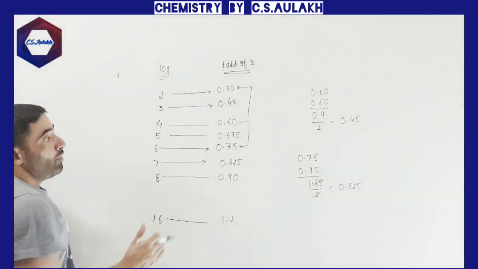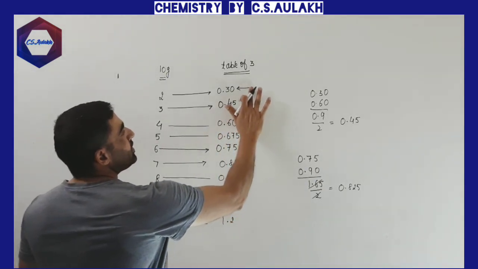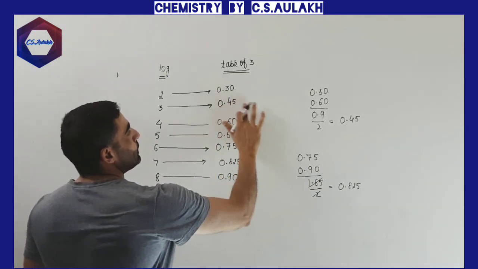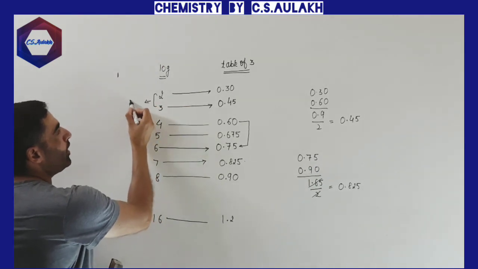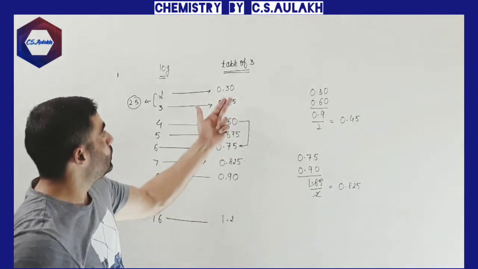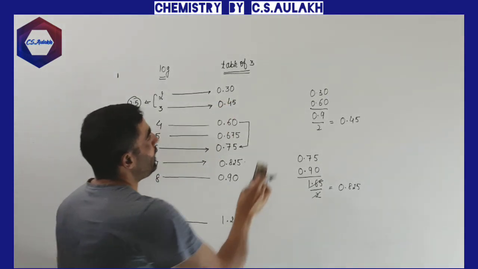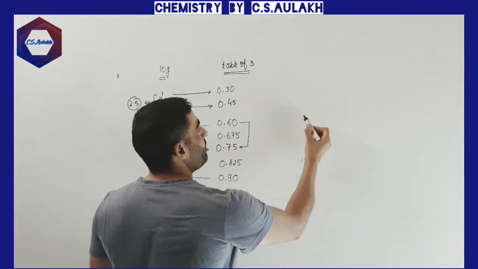Similarly, we can determine the values of the logs which lie in between these digits also. For example, if you want to calculate the log of 2.5, you can take the mean of these two, 0.30 and 0.45.